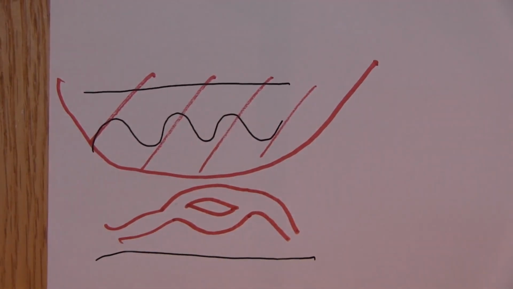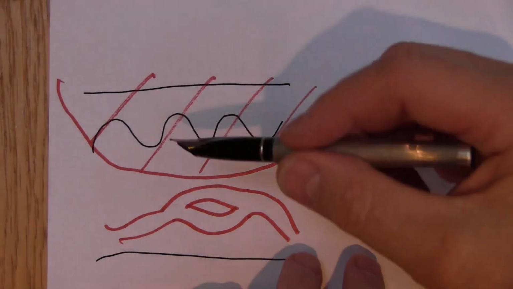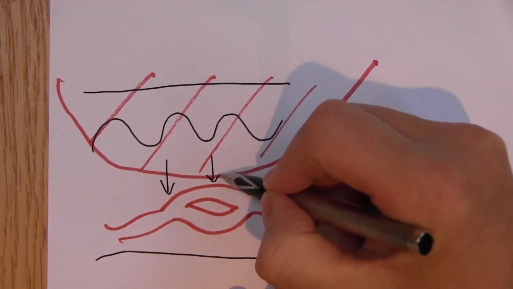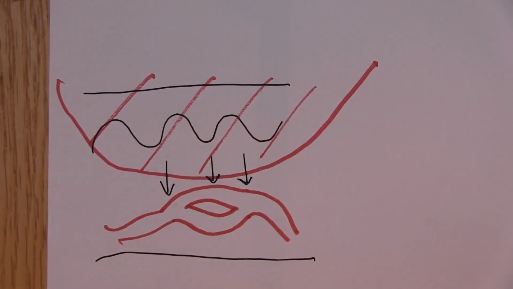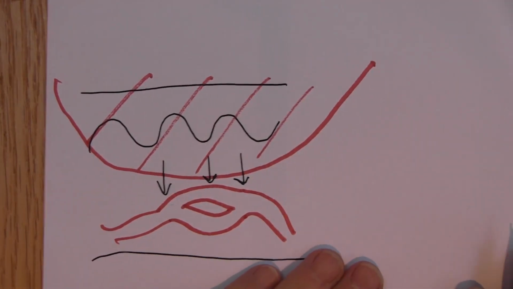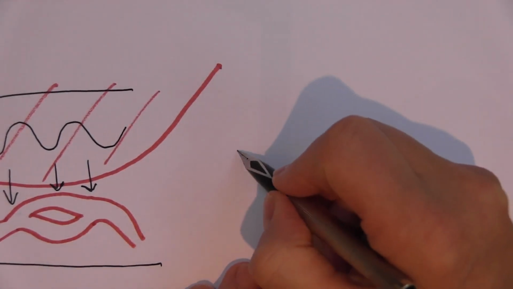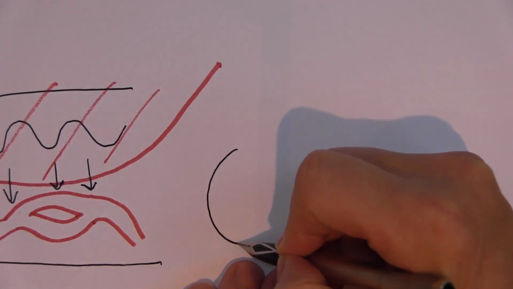The dermis is well perfused with blood vessels. So when there's a burn, there's going to be inflammation, and the inflammation is going to cause quite profound capillary vasodilation.